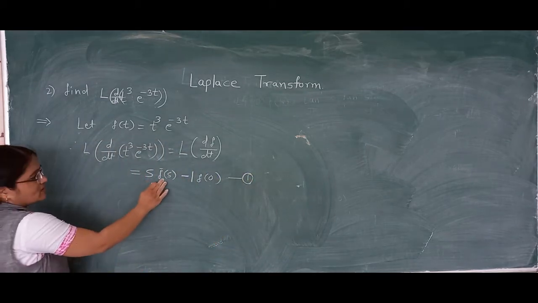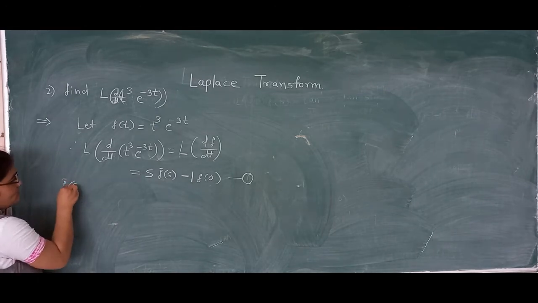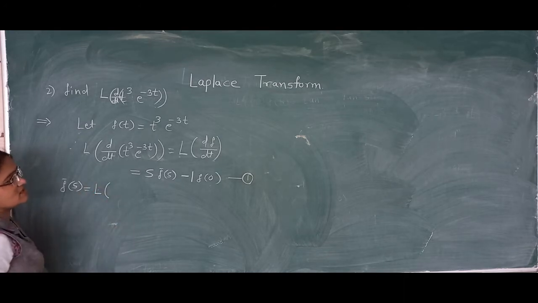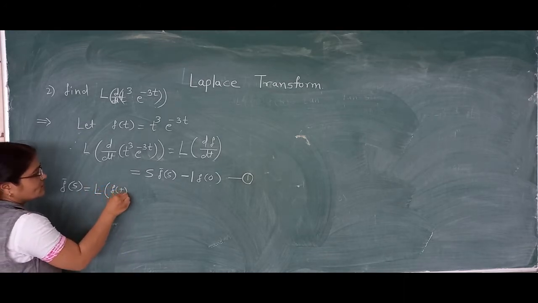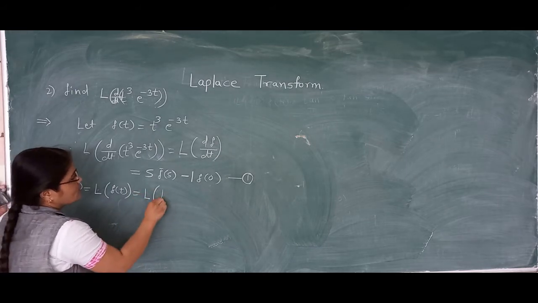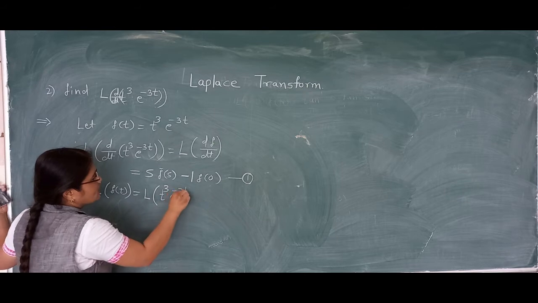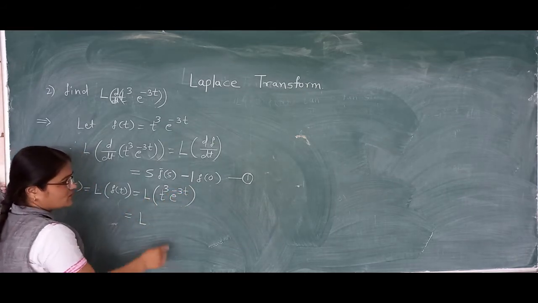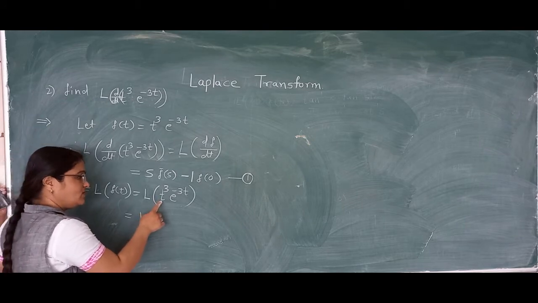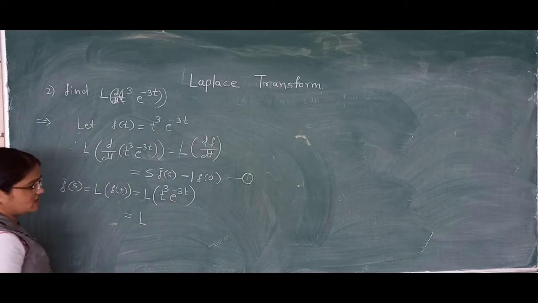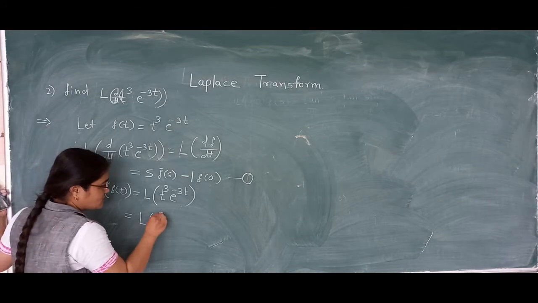Now our aim is to find out f bar of s. What is f bar of s? F bar of s is nothing but Laplace of f of t, which is equal to Laplace of t cube e raised to minus 3t. Again, either we use the multiply by t property or the multiply by exponential property, that is the first shifting property. It is better to use the first shifting property.